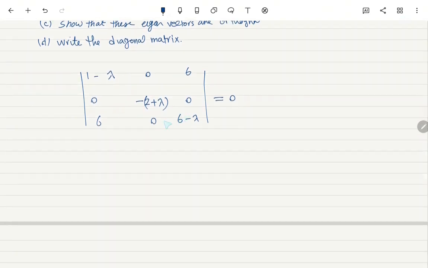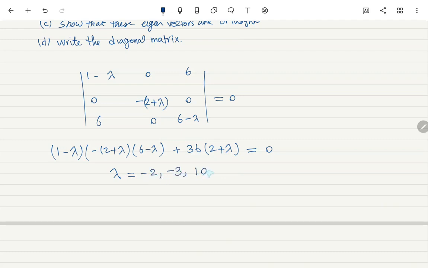Upon solving this, 1 minus lambda times minus 2 minus lambda times 6 minus lambda, plus 36 times 2 plus lambda, all equal to 0. And from this equation, we will get lambda equal to minus 2, minus 3 and 10.